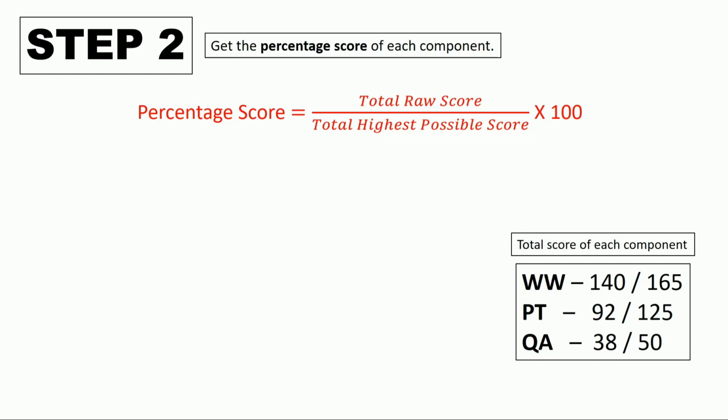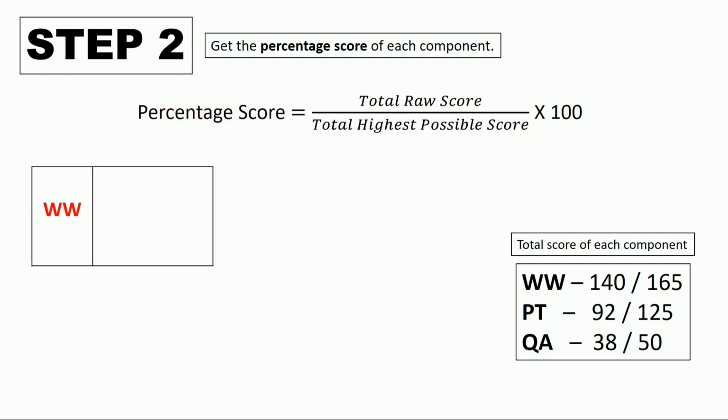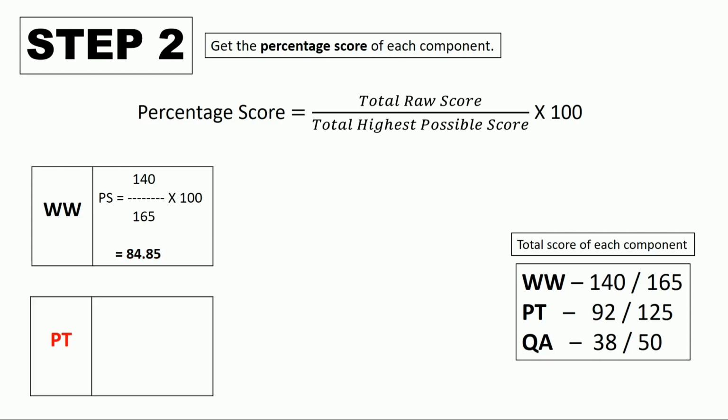Percentage score is equal to total raw score divided by the total highest possible score times 100. Let's begin with written works. Percentage score is equal to 140 divided by 165 multiplied by 100, which is equal to 84.85.